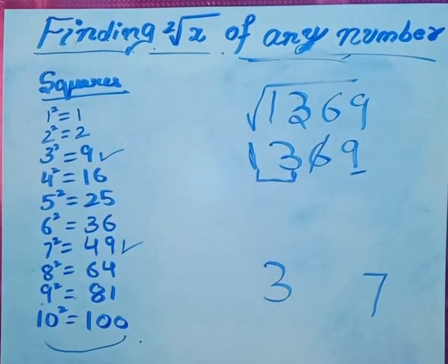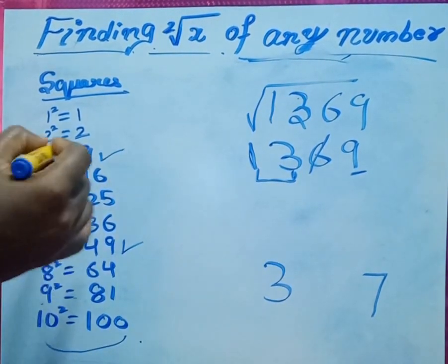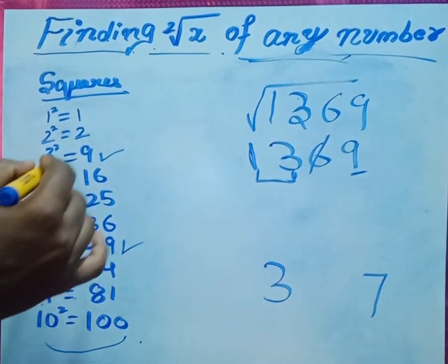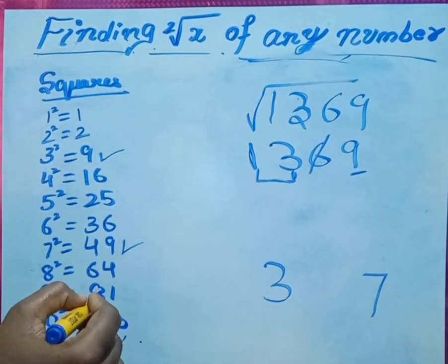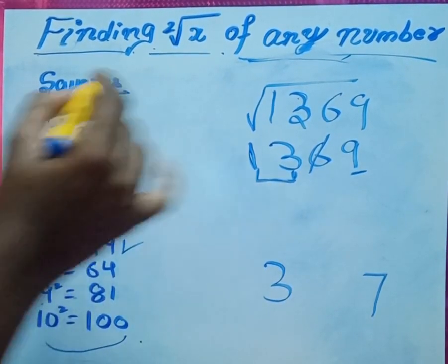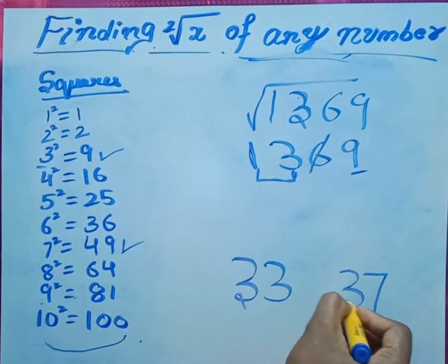We are sure, common sense, that 13 is not a perfect square, so you won't get that number over here. Definitely you have to go for a number which is less than 13. So let's see which number is less than 13 over here. 9 is less than 13. 9 is the square of 3. So write 3 here and 3 here, guys.